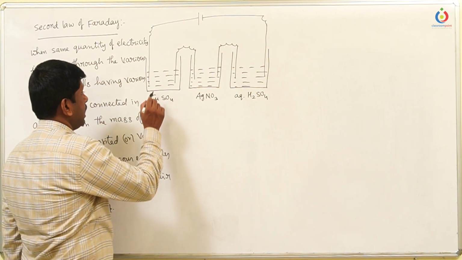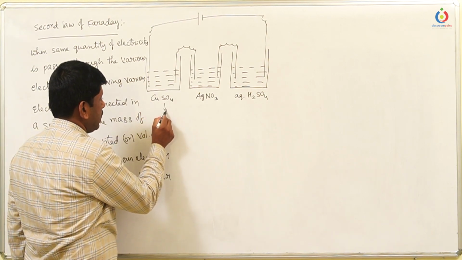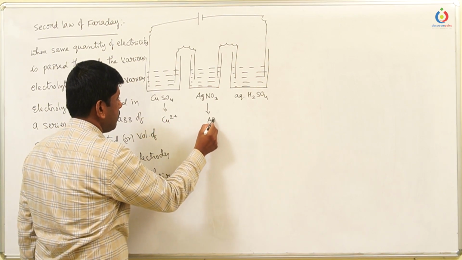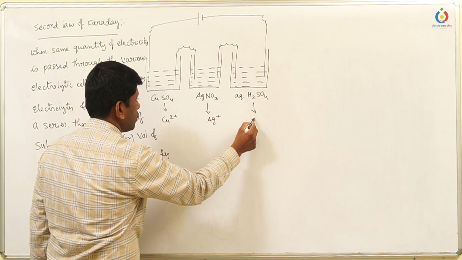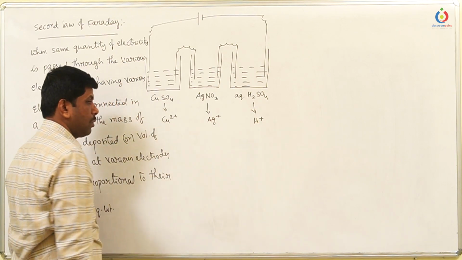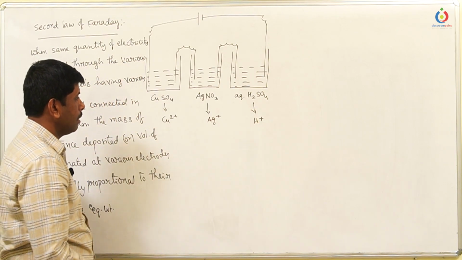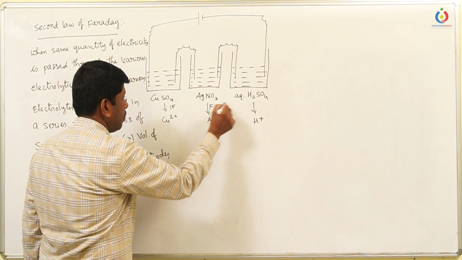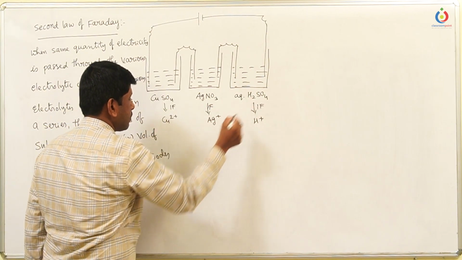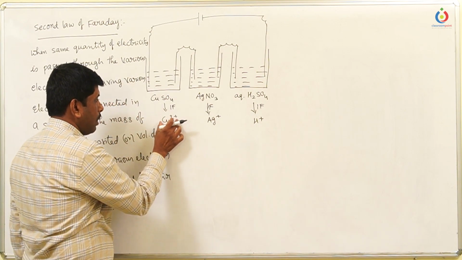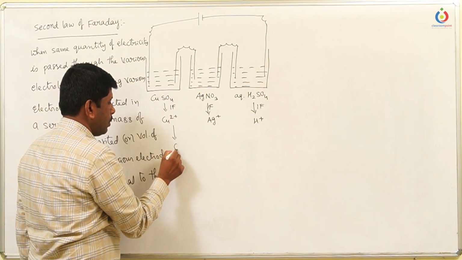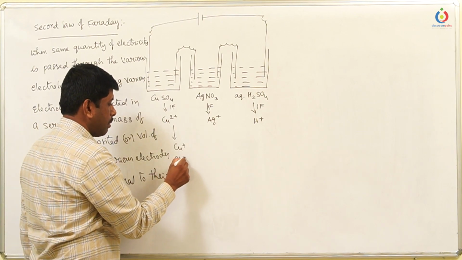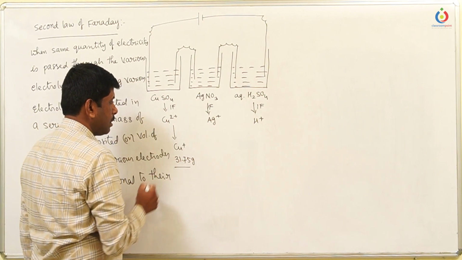So now if you see, copper is present in the Cu2+ form here, silver is present in the Ag+ form, and H2SO4 gives H+ ion plus SO4 2- ion. When you send 1 Faraday of electricity through all these electrolytic solutions, then 1 Faraday of electricity deposits only one equivalent part of the copper, that is 31.75 grams of the copper.